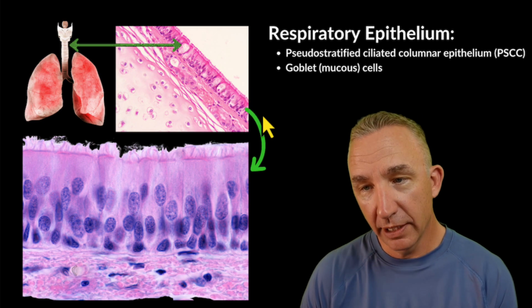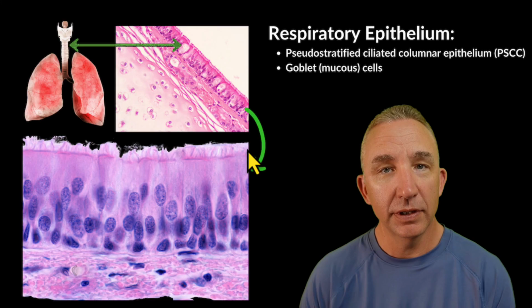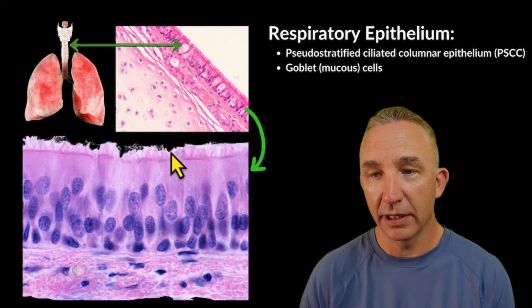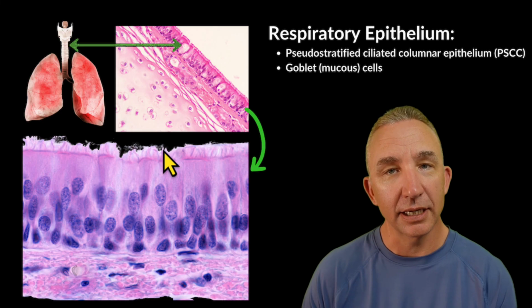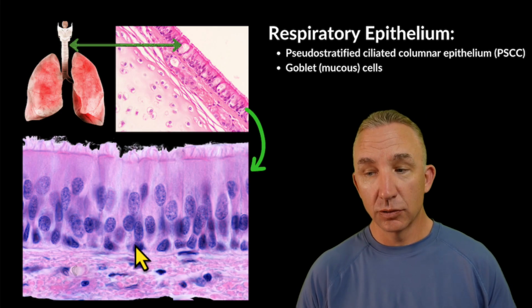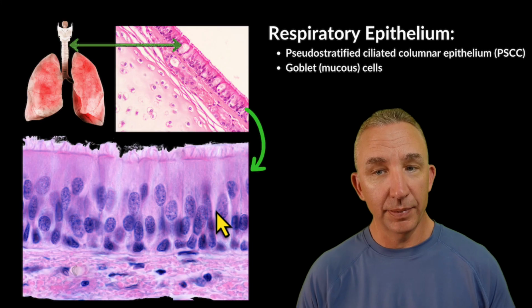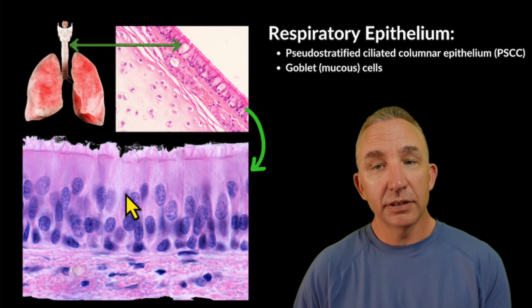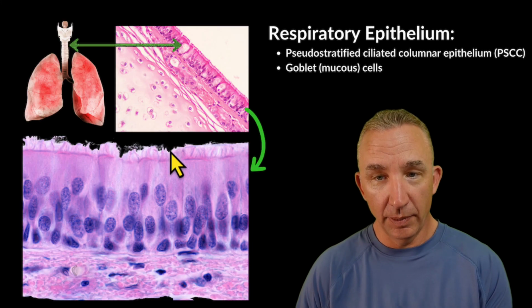So as I come over here and look at this in an expanded view, at a higher magnification, I can still see the cilia running across. And again, the cilia is designed to move something across the cell surface. So within all the pseudostratified ciliated columnar epithelium, I have mucus cells, and as I breathe in, I'm continuously secreting the mucus. It'll come up to the top.